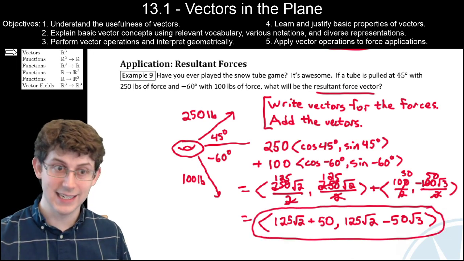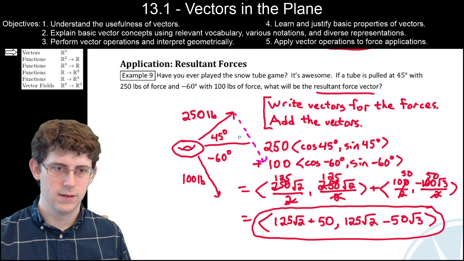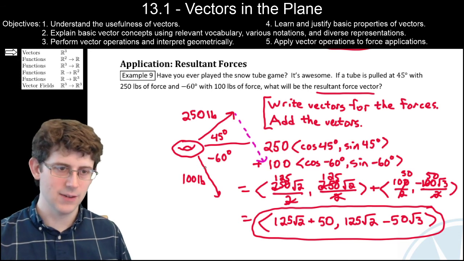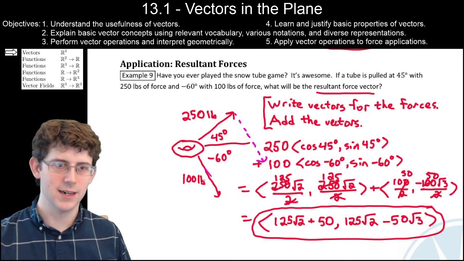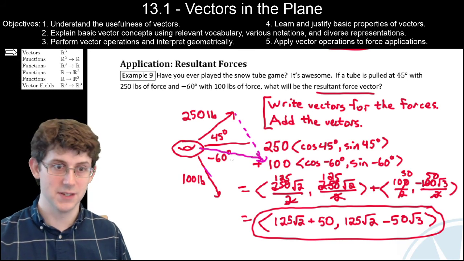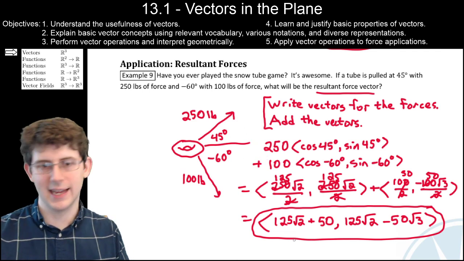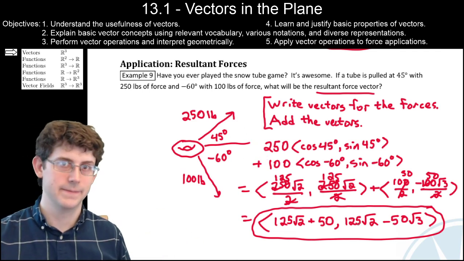These vectors added together, geometrically, would be: pick up the vector down here, move it over here, and then go this way would be the sum of the two vectors. Algebraically, the sum of the two vectors is you just add them component-wise, and that's our answer.